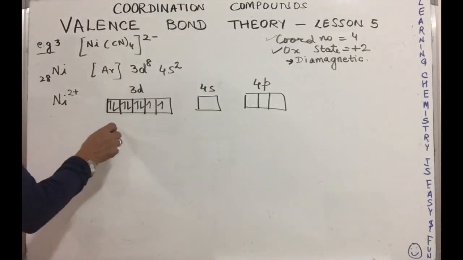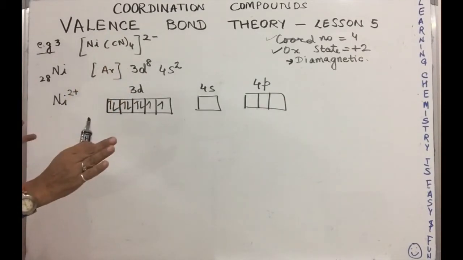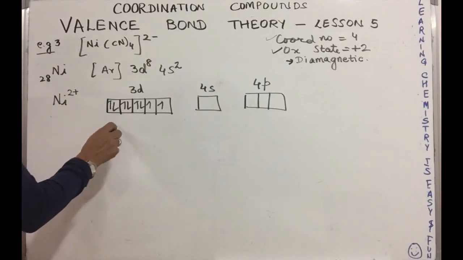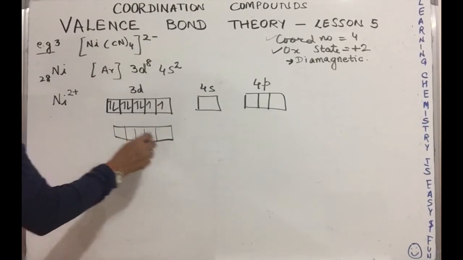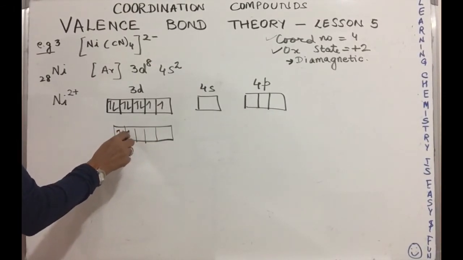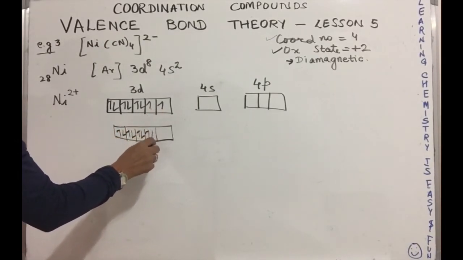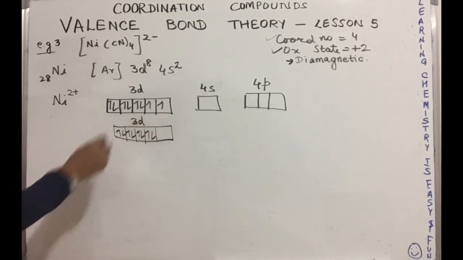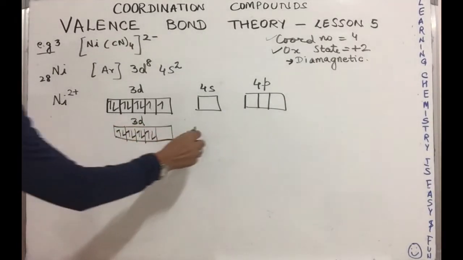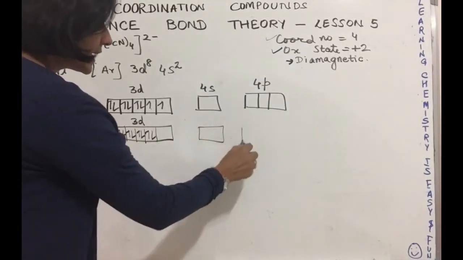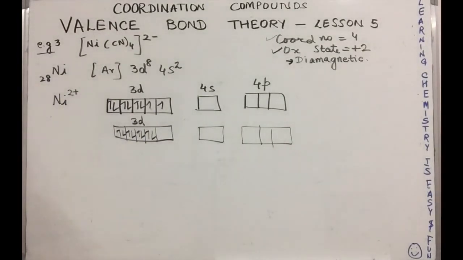What happens over here is that when approached by the ligands, the lonely electrons in the d orbital, the last 2, pair up. Now all electrons are paired up, and I have the 4s and the 4p vacant over here.